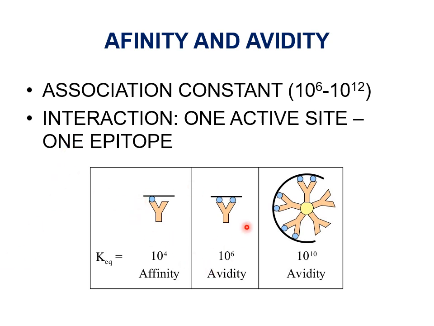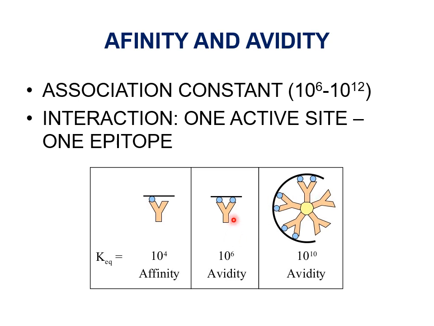If it interacts with two epitopes, it's called avidity, and it's usually 100 times bigger. And of course, with immunoglobulin M, which is a pentamer, the avidity can be a lot higher.